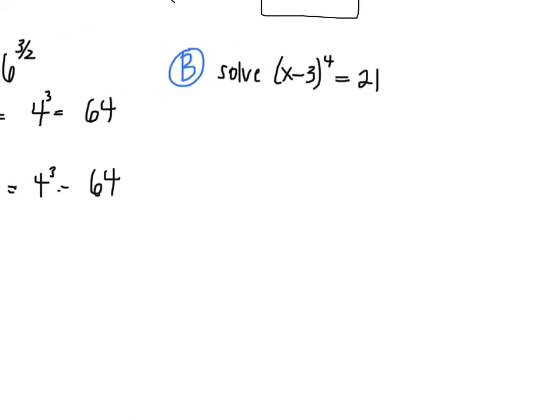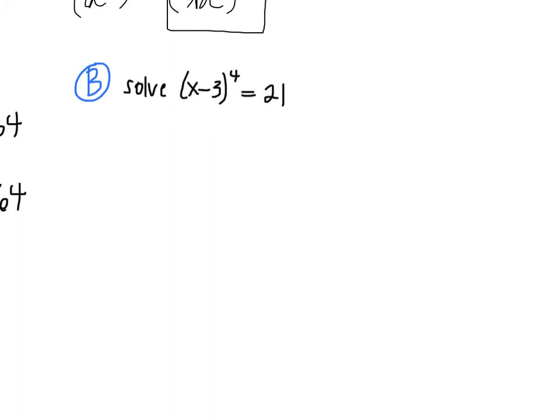Next, we have x minus 3 to the 4th equals 21, and we are told to solve. So we can raise each side, yes, actually, to the 1/4. Or we could take this and write it as the 4th root.